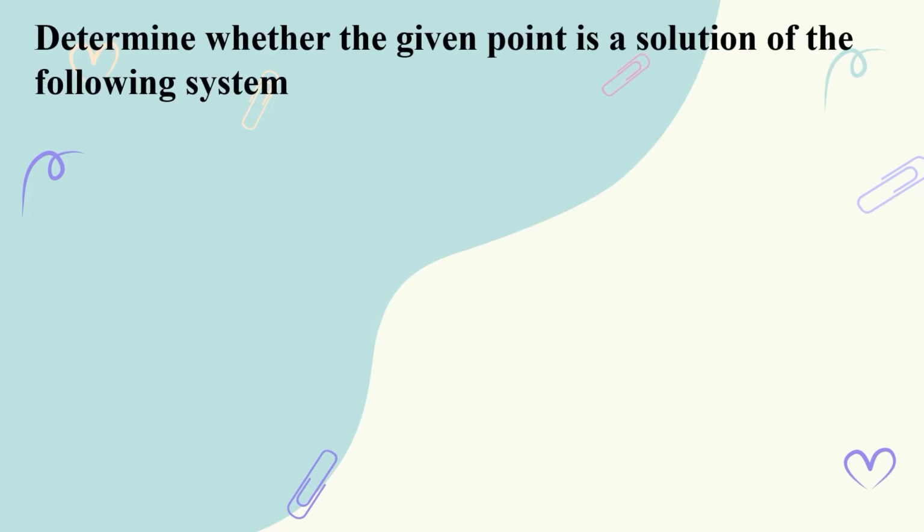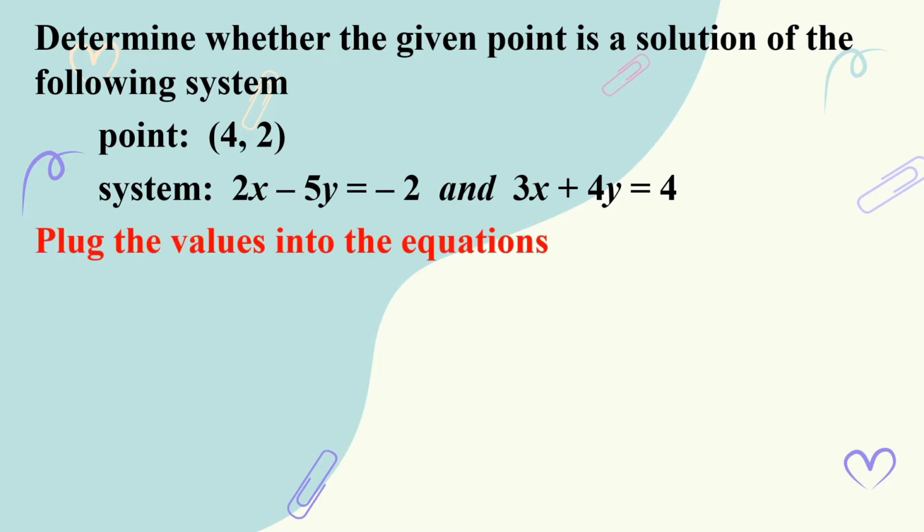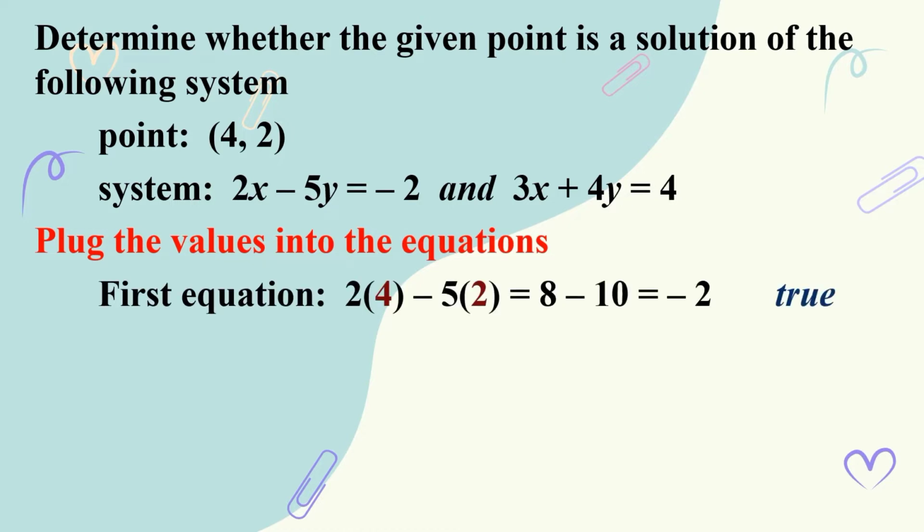Let us have another example. Determine again whether the given point is a solution of the following system. The point is (4, 2). The system is 2x minus 5y equals -2 and 3x plus 4y equals 4. Plug the values into the equations. First equation: 2 times 4 minus 5 times 2 equals 8 minus 10 equals -2.